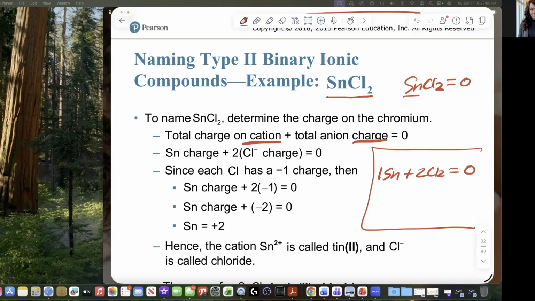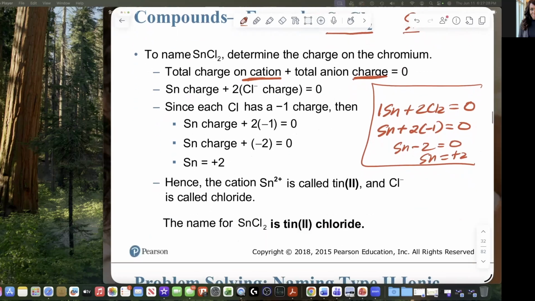You're going to replace the charge on the anion part because anions tend to have a fixed charge all the time, so they're less complicated. So each chlorine is -1, right? What must the 1 Sn be? When you multiply this, I have Sn minus 2 equal 0, Sn equal plus 2. So now you have what you need.